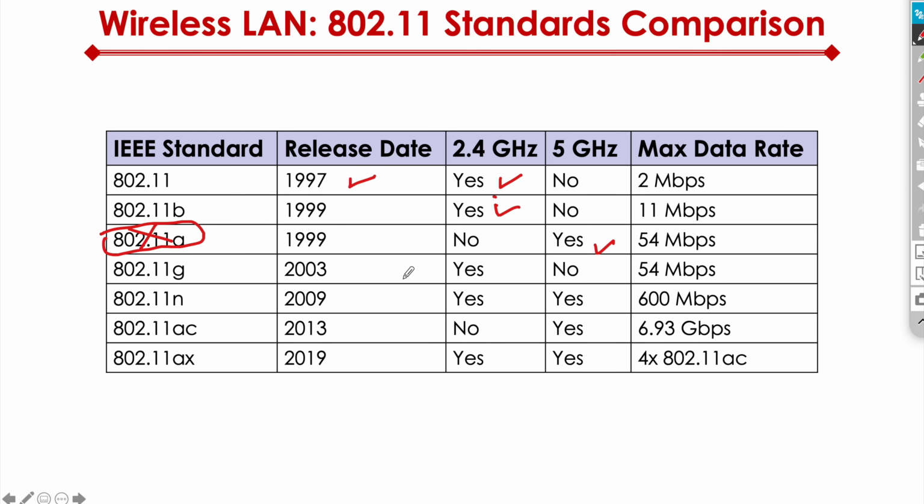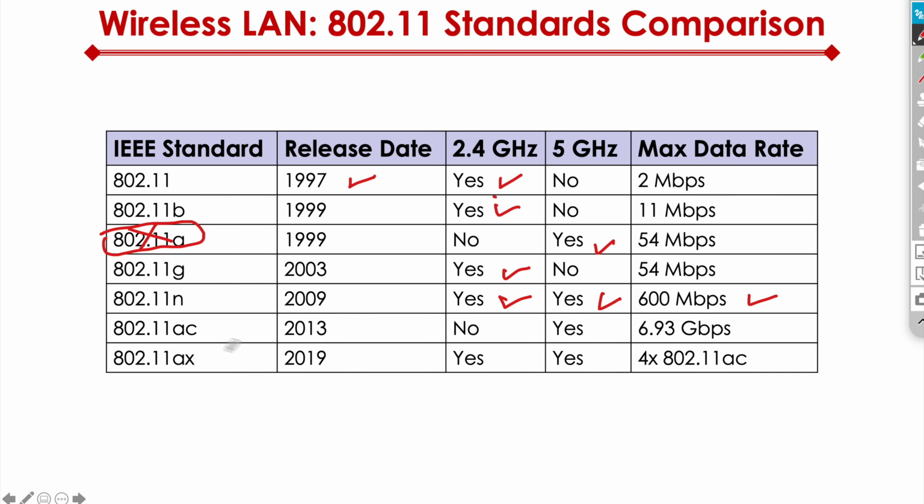2003. It also supported 2.4 gigahertz, but the maximum data rate went up to 54 megabits per second. Then in 2009, the N standard came out. It supported both 2.4 gigahertz and 5 gigahertz with a total maximum throughput of 600 meg.